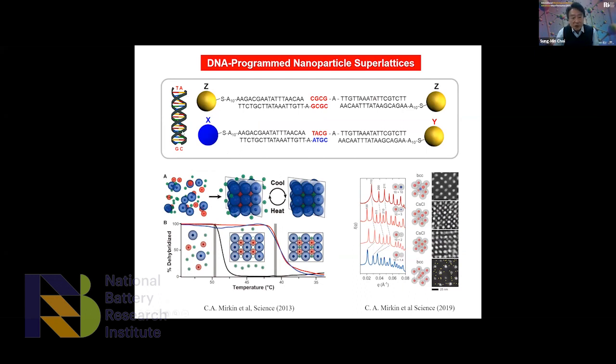DNA, as you know, has specific binding: G binds to C, A binds to T. So by using this end group, which is attached to the nanoparticle surface, we can program the particles. So this Z particle combines with the Z particle only, due to this sequence. And this X particle in this case only binds with the Y particle, which has the conjugate sequence of this sequence.